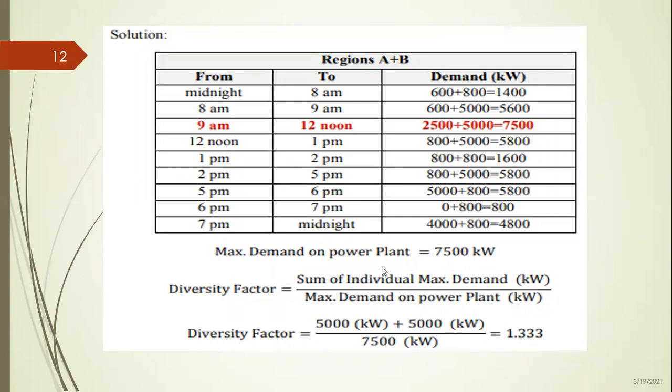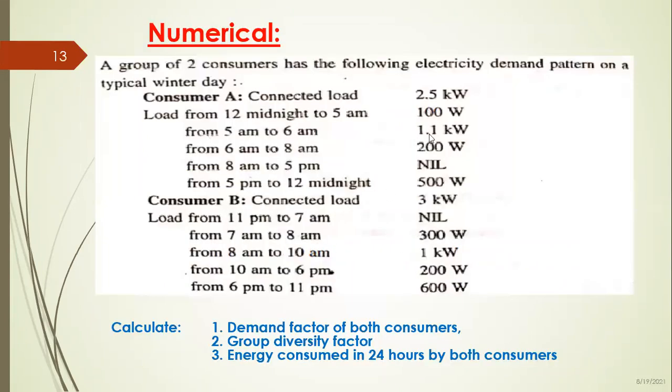Okay, so this is all for today's lecture, and this is one another example numerical that you have to try on your own. Again, there are two consumer groups. Consumer group A has a connected load of 2.5 and consumer B has a connected load of 3 kilowatt, and there is a load distribution between the different instants of time.